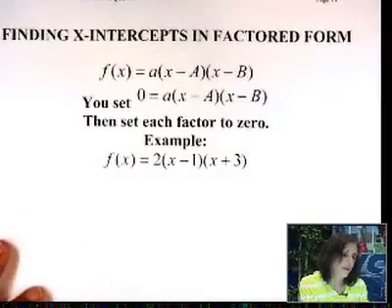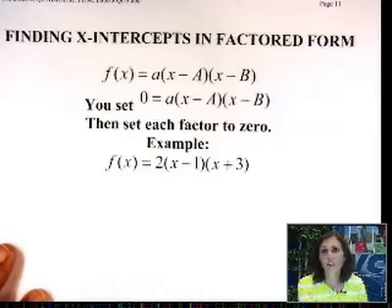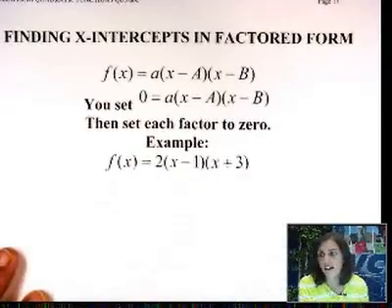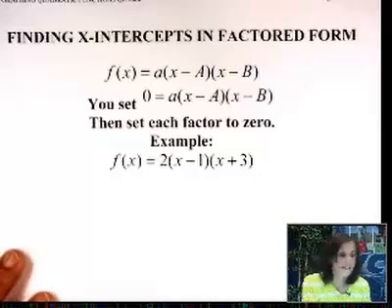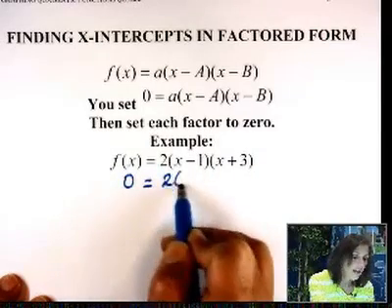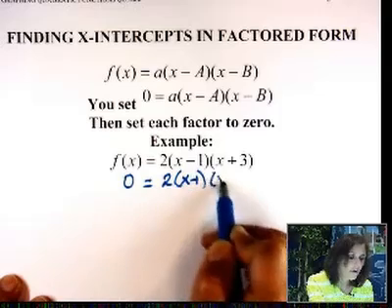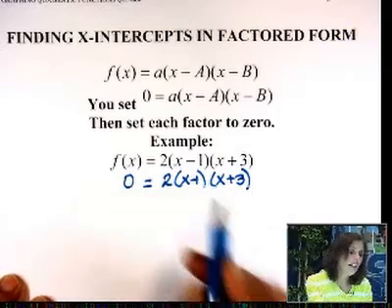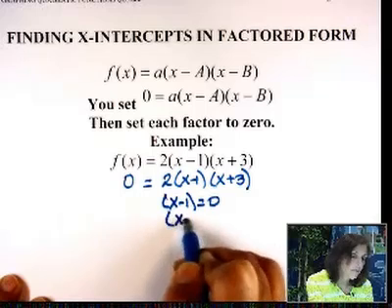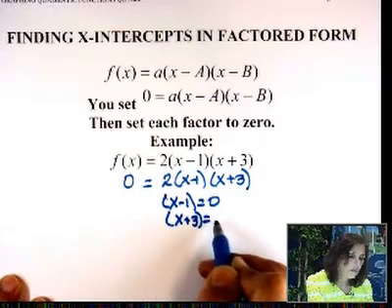Okay. How am I going to find the x-intercepts in the factored form if it's factored like that? Remember how it is. Set y to 0. And what do you do? You're going to set each factor to 0 to have that 0 product.